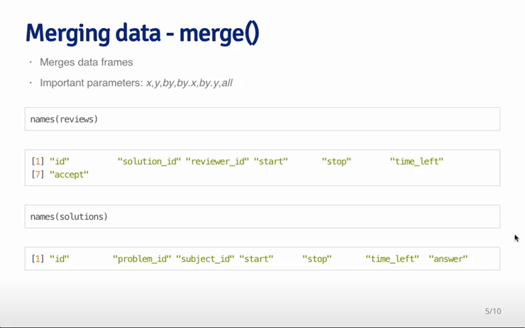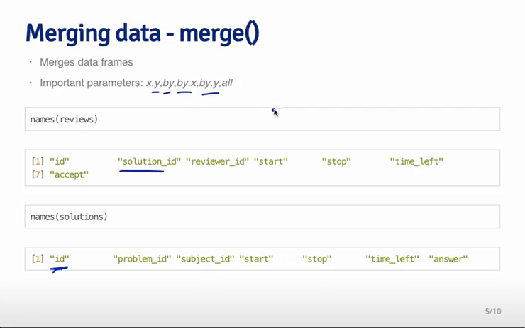So the first thing that we might want to use is the merge command to merge these data sets together. Again, if we look at the names of these two variables, we can use the solution ID in the reviews data set and the ID variable in the solutions data set to merge these data sets together. The important parameters to merge are x and y, those are the two data frames. And then you can use either by, or by.x and by.y, to tell merge which of the columns it should merge by.